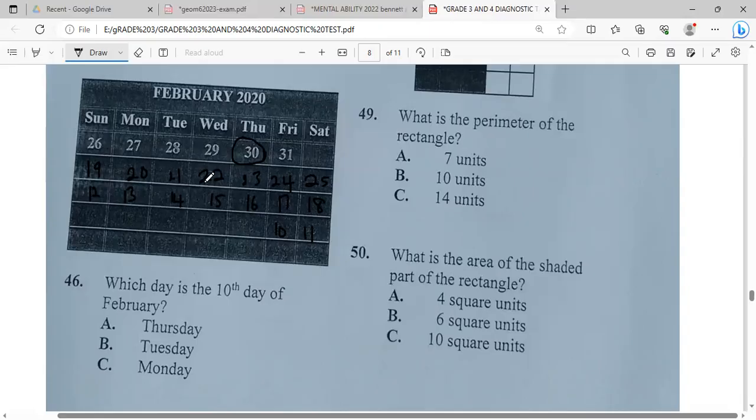Let me see if I missed out one number. 15, 14, 13, 12, 10. I probably started wrong, you know.